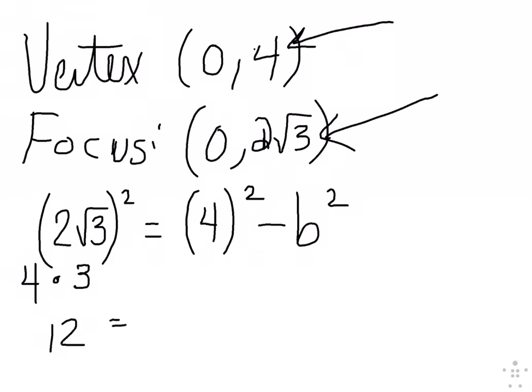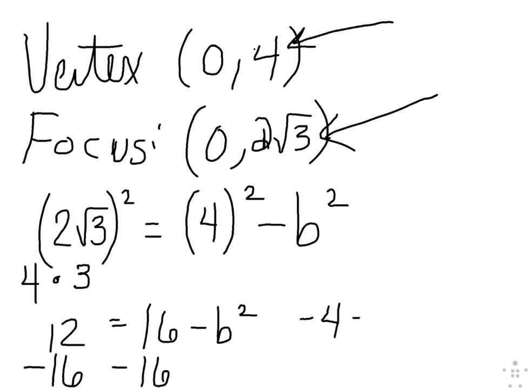If you're unsure, you could put 2 root 3 squared in a calculator. If you put it in parentheses and put 2 root 3 and then square it, it will give you 12. Okay? What's 4 squared? 16 minus b squared. Now what? If I subtract 16, I get negative 4 equals negative b squared.